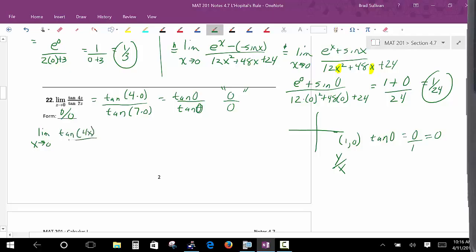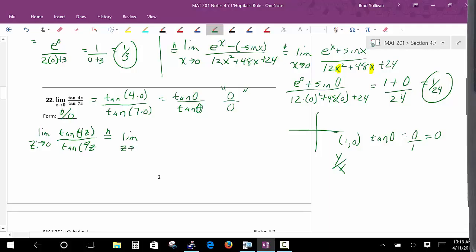So you got some trig going on here, so you got to pay attention. Those are z's, I think, aren't they? Yeah, okay. Doesn't really matter, but let's be consistent here. So we got 4z over 7z, z goes to 0. Okay, so by L'Hopital's rule, what is the derivative of the tangent?